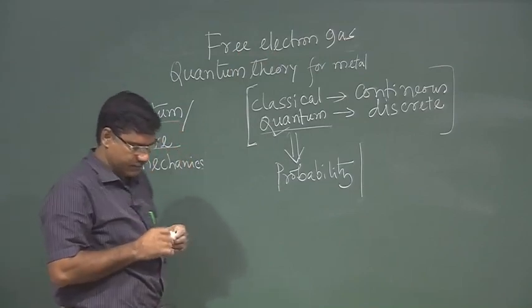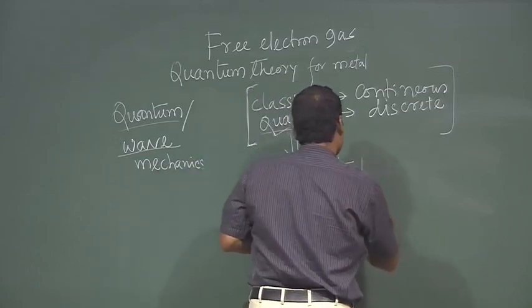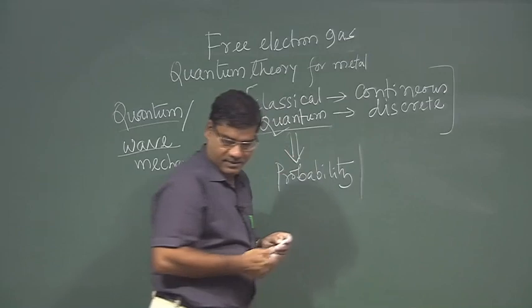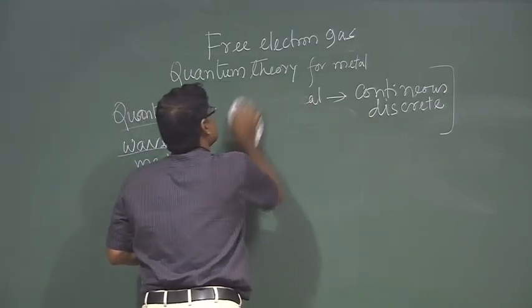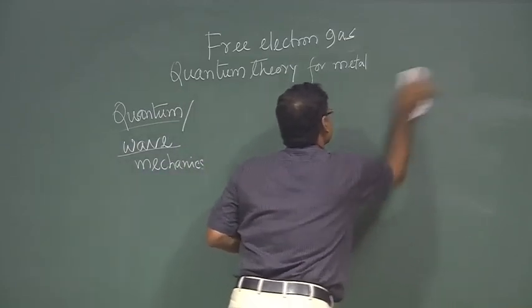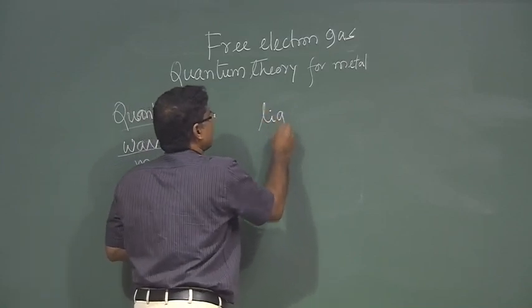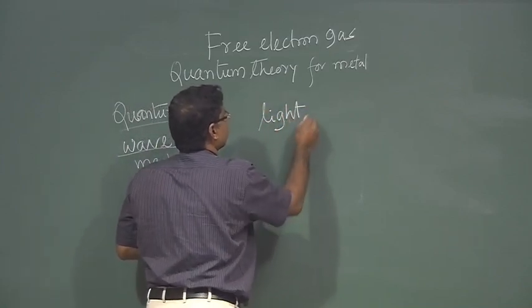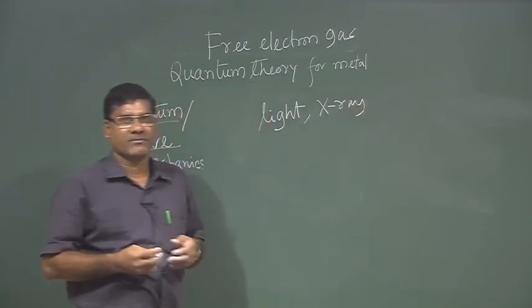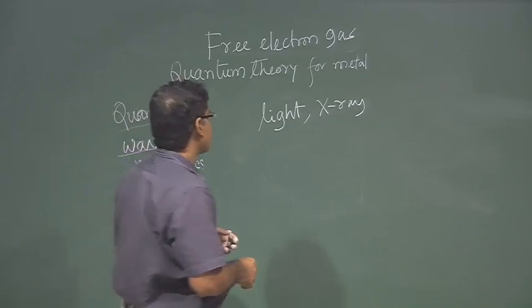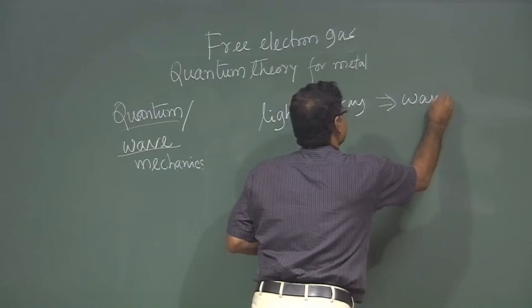So, light is a wave, or X-ray is a wave, right. In general, electromagnetic radiation is known as a waveform.